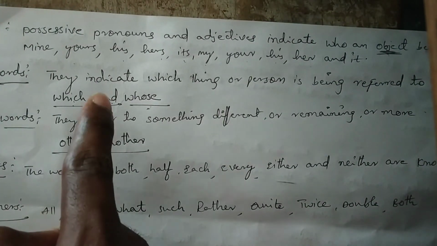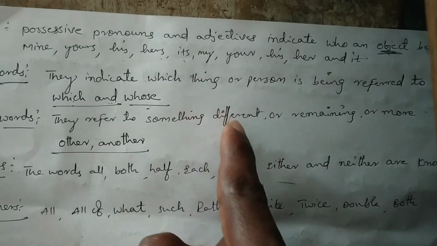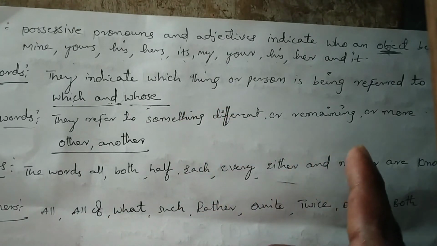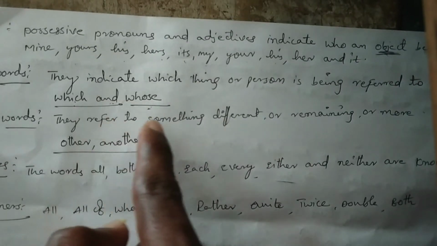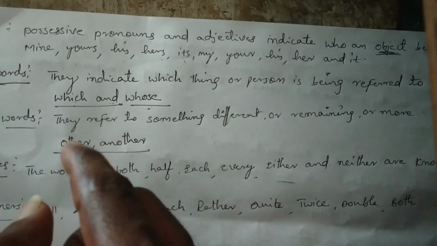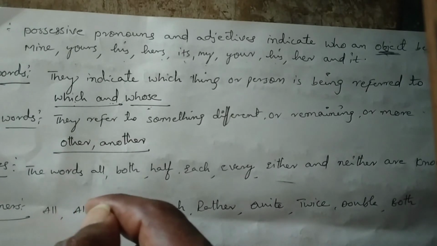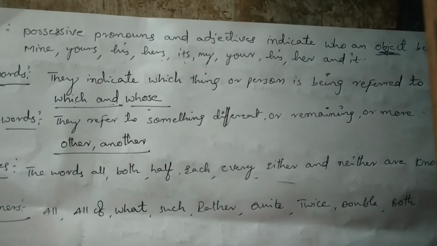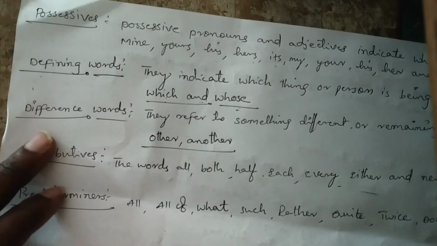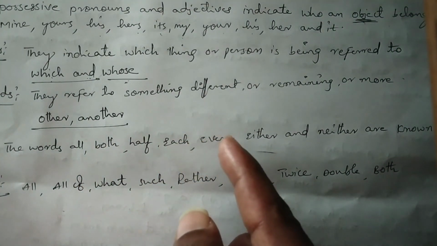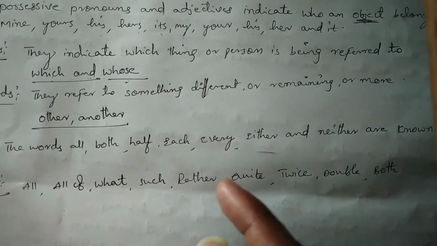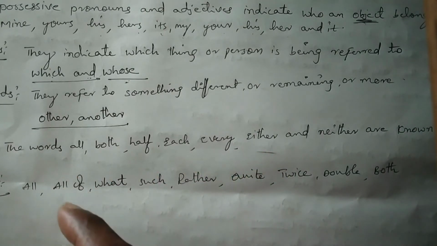And the next one is the defining words. They indicate which thing or person is being referred to. Which and whose are the defining words. Next one is the difference words. They refer to something different, remaining or more: other and another.